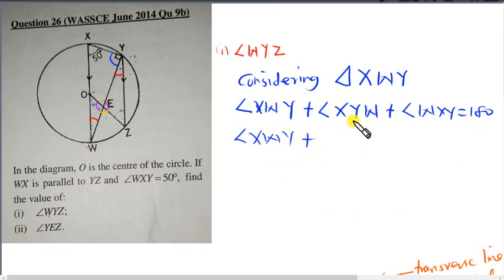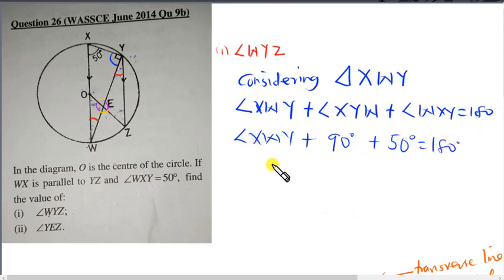The angle XYW is a right angle. A right angle is an angle of measure 90 degrees. So we see that symbol there, the 90 degrees symbol there. So that is 90 degrees here, plus the angle WXY, so that is 50 degrees too. We see that one also there, so we put it there.